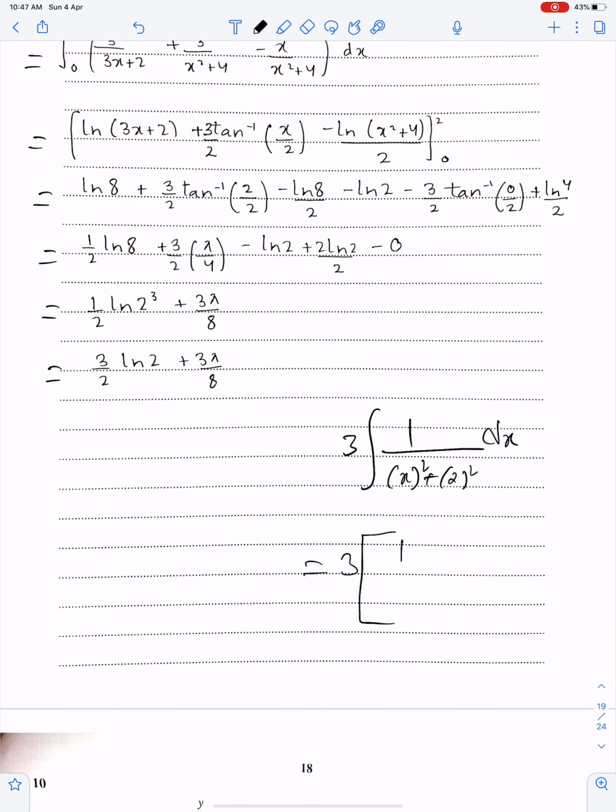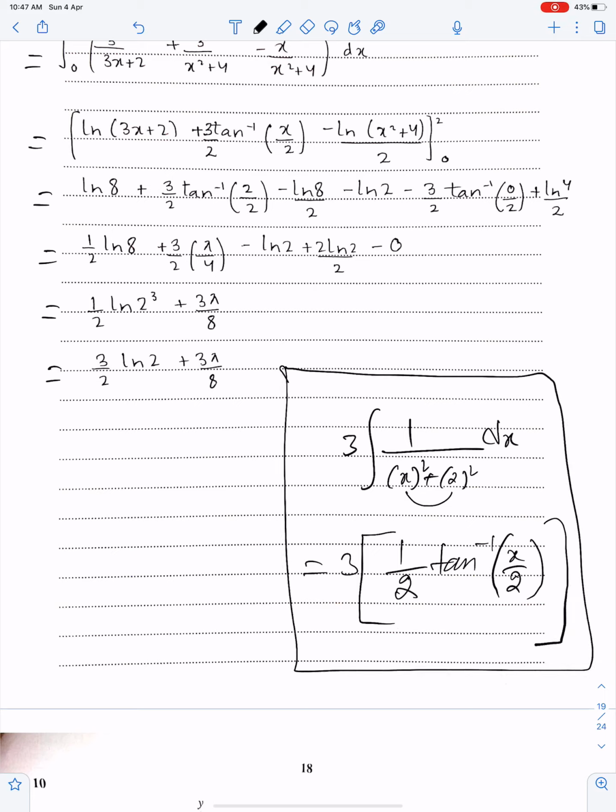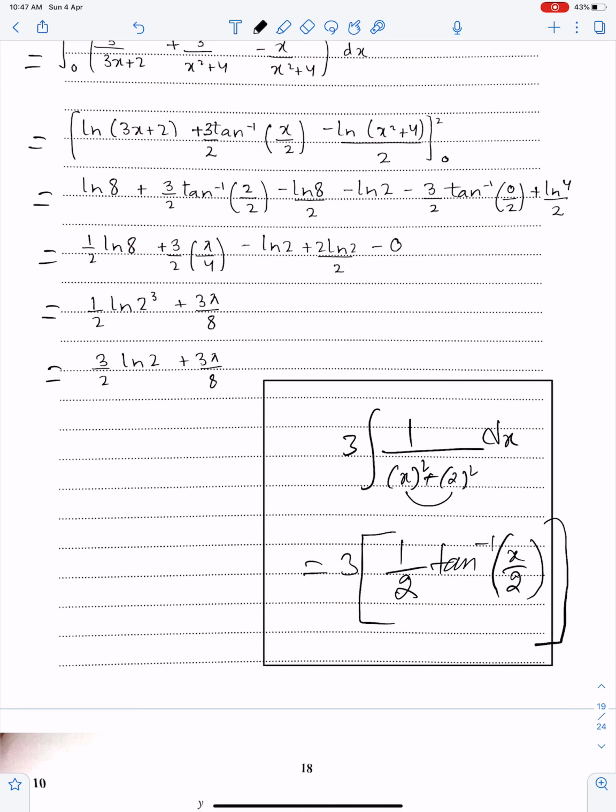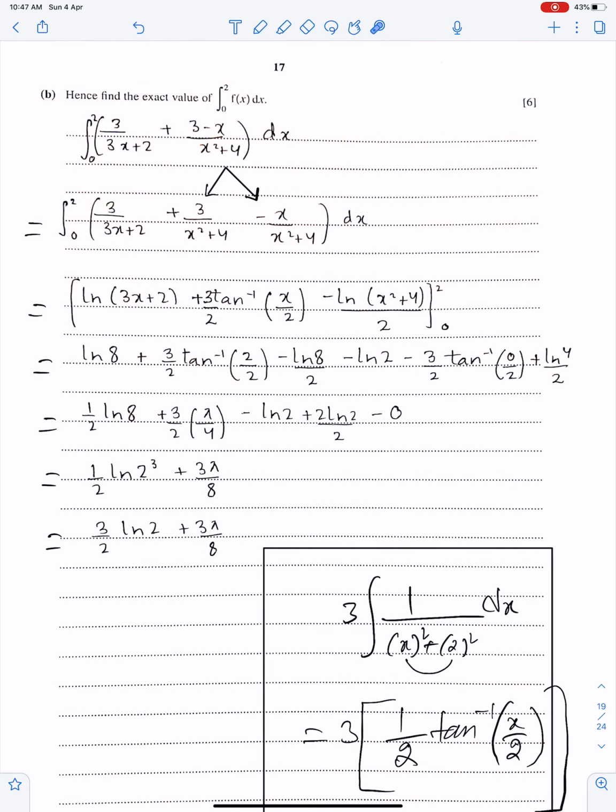So this will become 1 upon 2. We write the reciprocal of this here according to the tan inverse formula, and then we write tan inverse the fraction of these two. This is the way we use the tan inverse formula to integrate functions of this type.